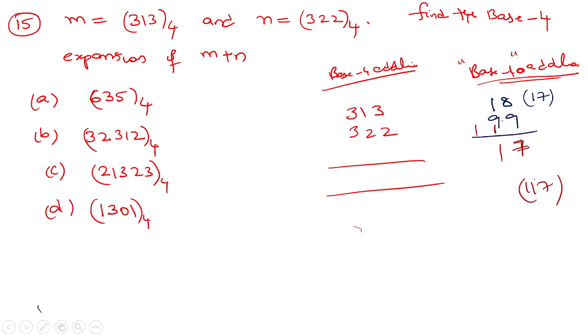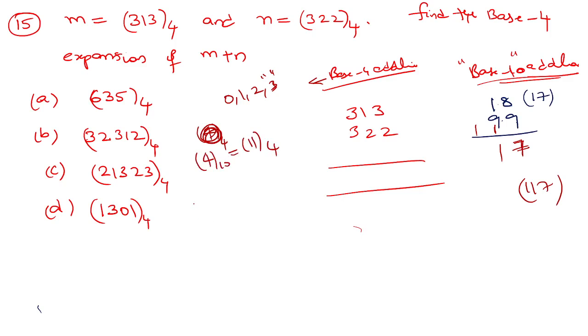Similarly, if you look at base 4 addition, the maximum possible digit is 3. This is the maximum number. Everything else is a combination. So how to write 4 in decimal in the base 4 number system? Can I write 1, 0?